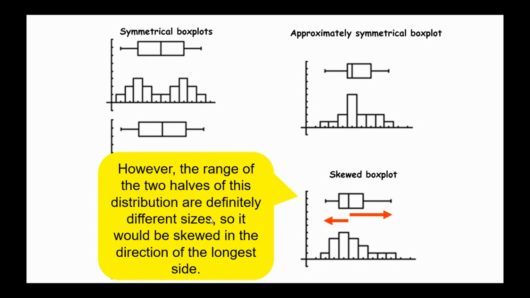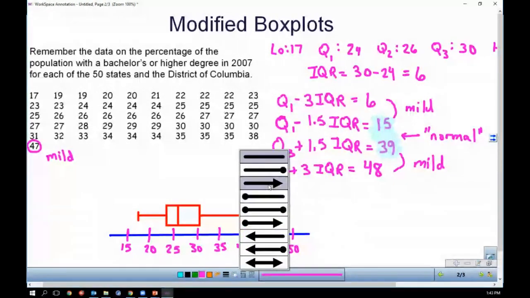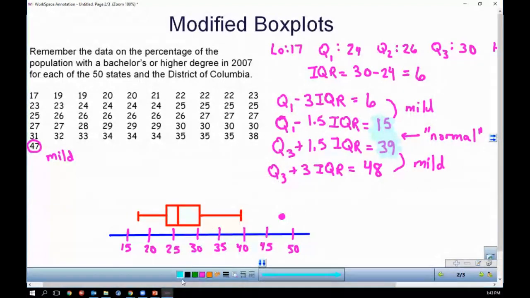So if we go back for a second to the example that we just did, let's see if we can actually justify why this is skewed right.